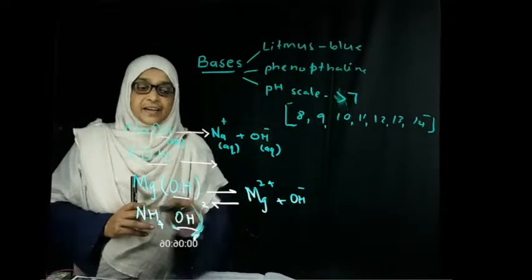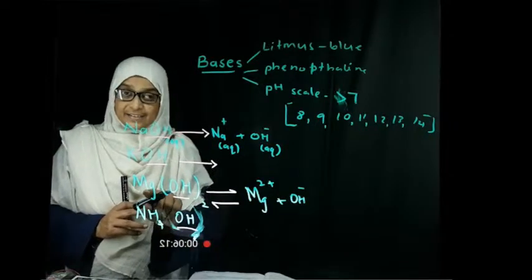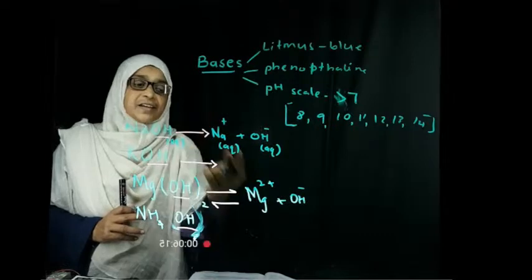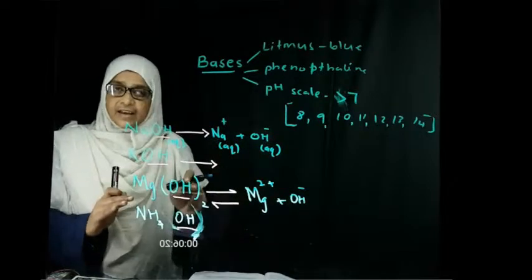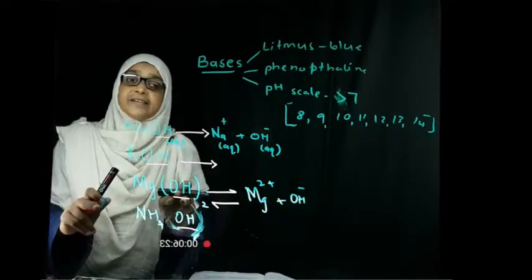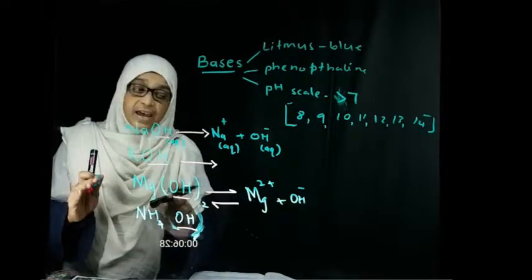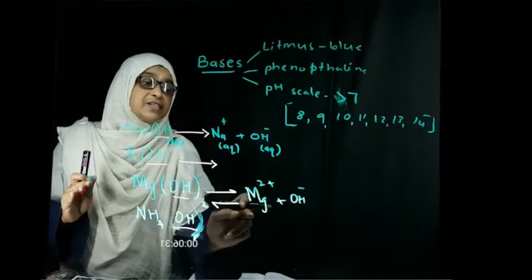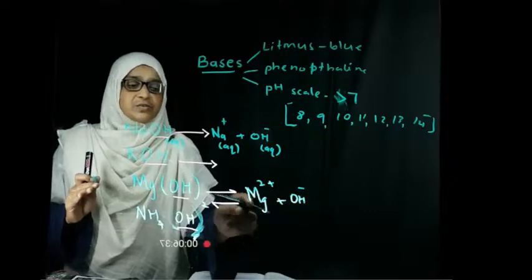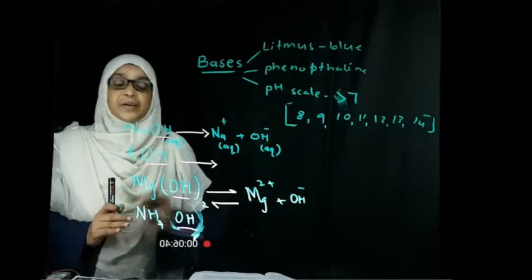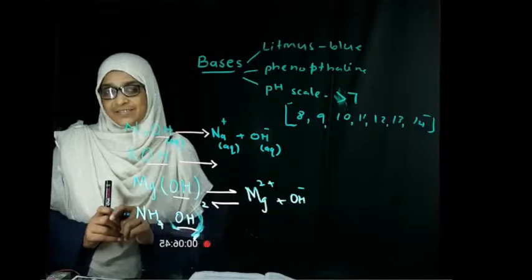But the whole magnesium hydroxide is not ionized, only partially. It means in that solution there are undissociated magnesium hydroxide, and dissociated magnesium and hydroxyl ions. 1, 2, 3. 3 types of species are available in the solution.